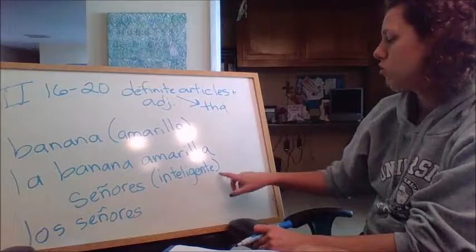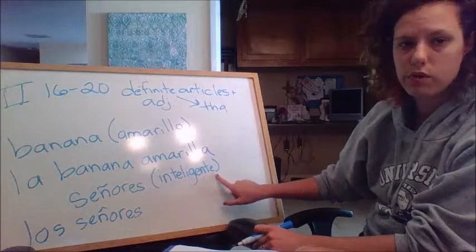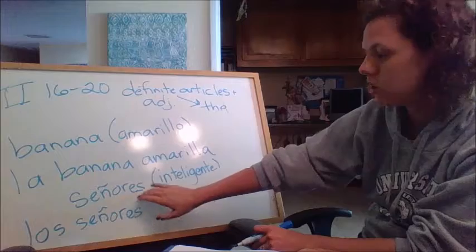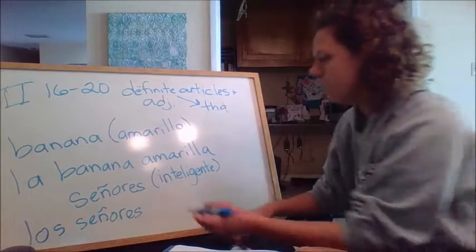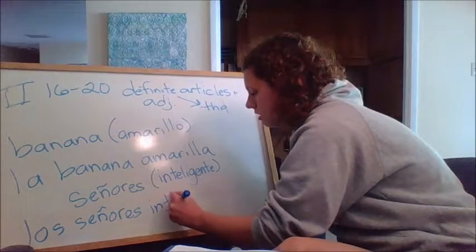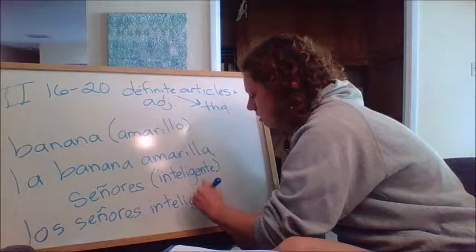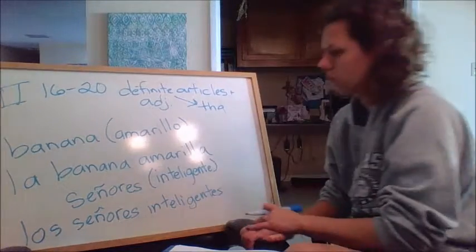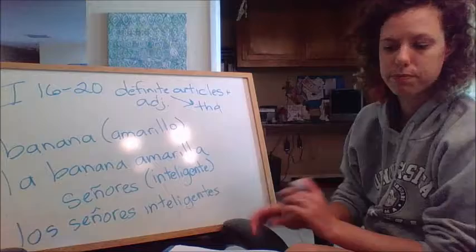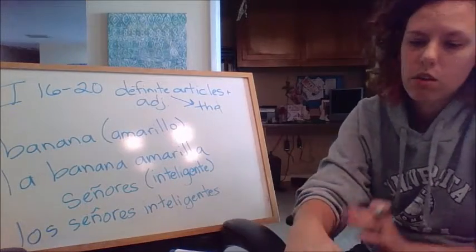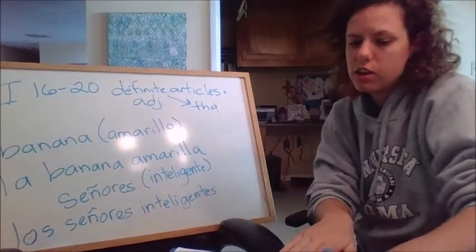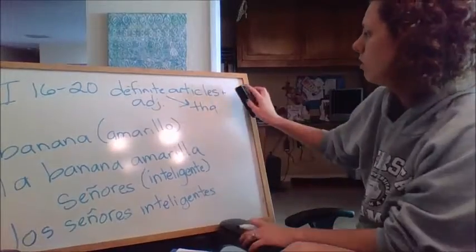And then gender doesn't matter. All we have to do is worry about if this is plural or singular. It is plural, so we just add an S, and it becomes inteligentes. Part 3 is 21 to 25.